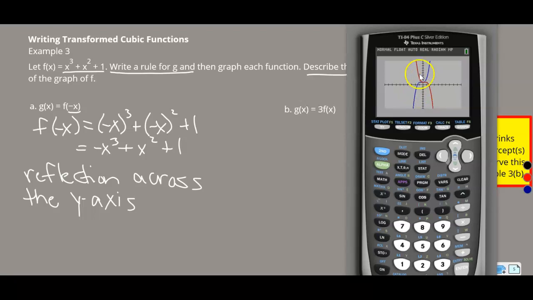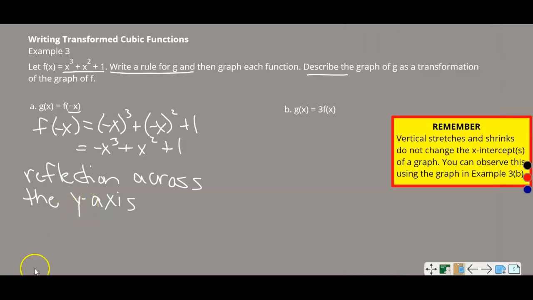I said that wrong. So this is the y-axis here. This red line is reflected across this, and this red line here is a reflection across this blue line here. So it is a reflection across the y-axis, not the x-axis.